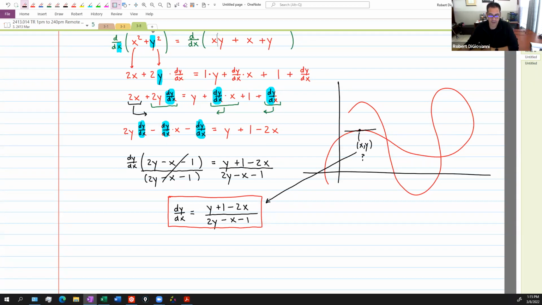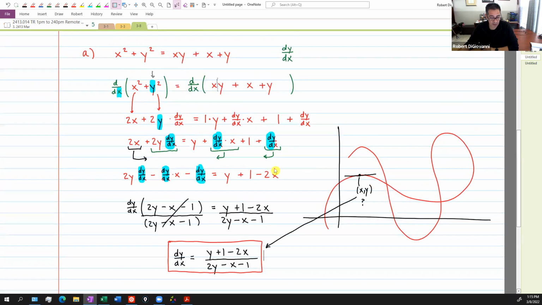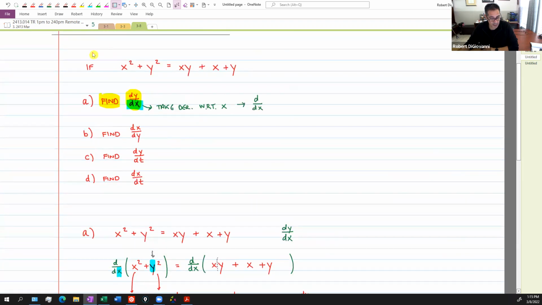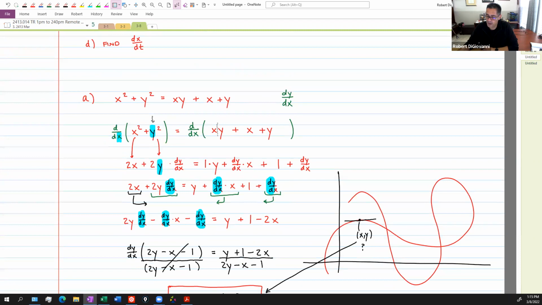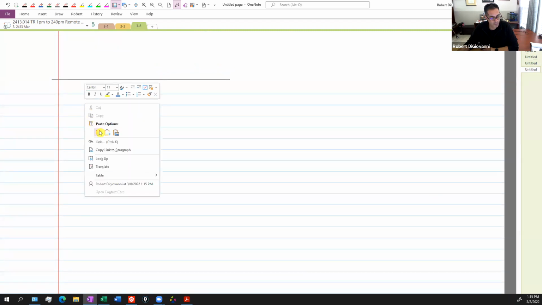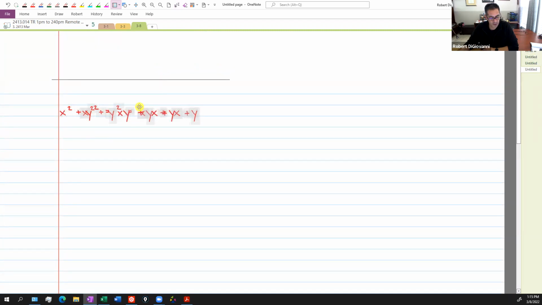Okay, that's part A. Let's look at part B. In part B, I would like to know, what is dx dy? So let's do that on a different page. So here's the equation, and I want us to find dx dy.